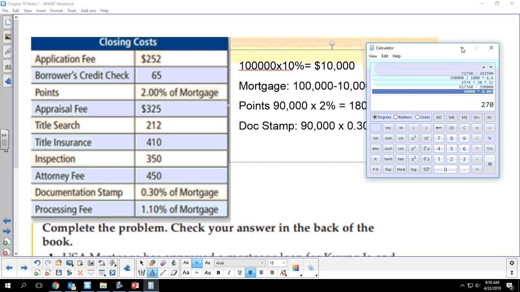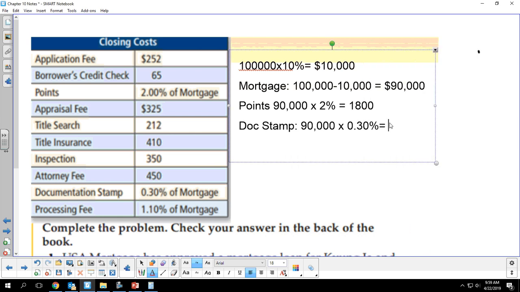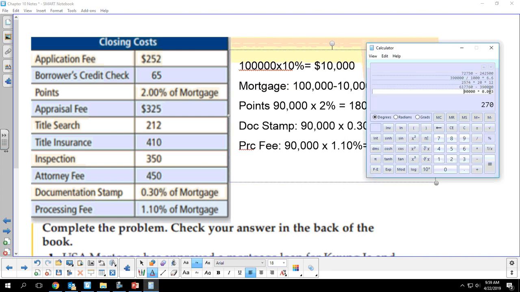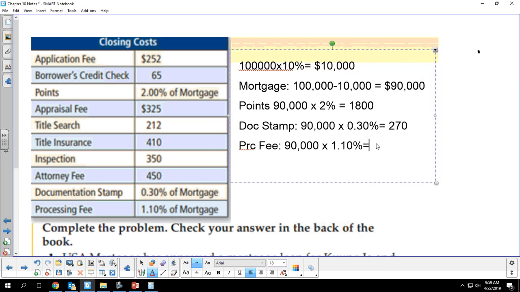And we get $270. And then the processing fee is 1.1%. And that is $990.